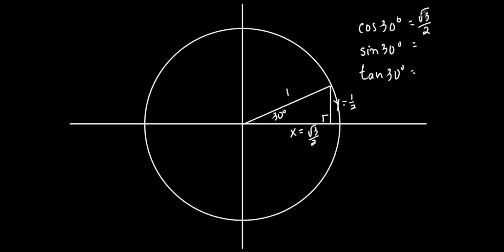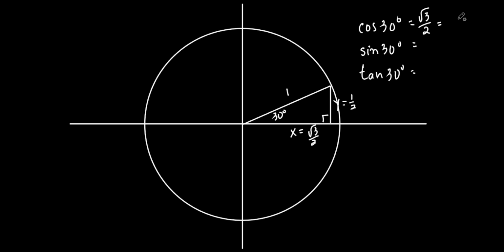So some calculators will give you square root of 3 over 2, but most of them will give you a decimal. I think it's like 0.8660 or something. I don't know. What is it? Is that what it is? Cosine of 30. 0.8660.